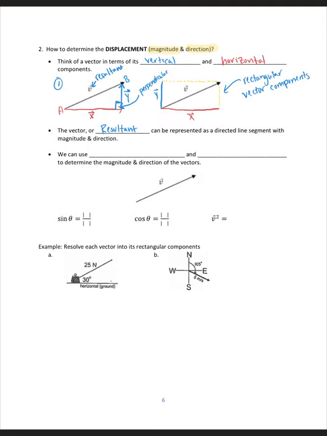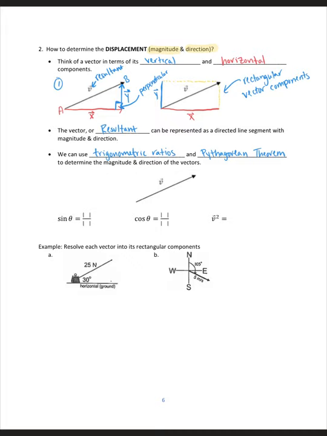We can use trigonometric ratios because we've created this triangle now, and a right triangle at that. So we can use trigonometric ratios and the idea of Pythagorean theorem to determine the magnitude and the direction of the vectors.